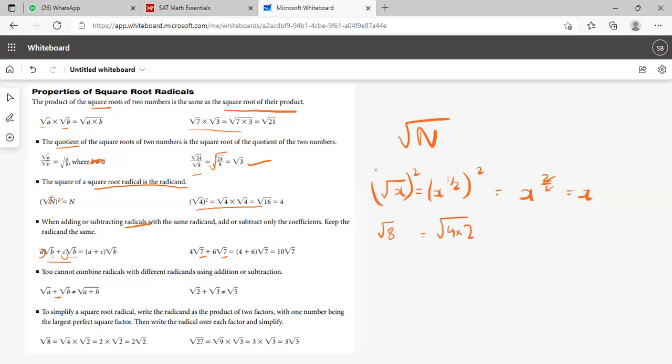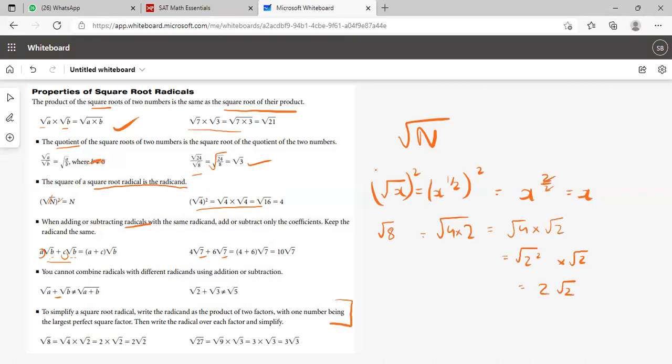Now we use this rule, and I can write it as under root 4 into under root 2, and under root 4 is basically under root 2 square into under root 2, because 4 is a perfect square. This would be 2 and this is under root 2. Okay, so this is what this complicated statement means.